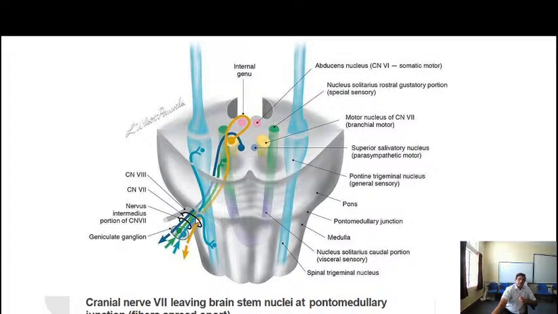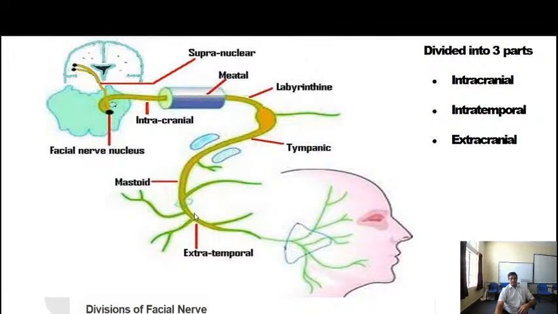So if there is a lesion present in the internal acoustic meatus, along with the facial nerve and the nervus intermedius, together when there is a lesion in the internal acoustic meatus, the eighth nerve involvement is also present in conditions like the acoustic neuromas.